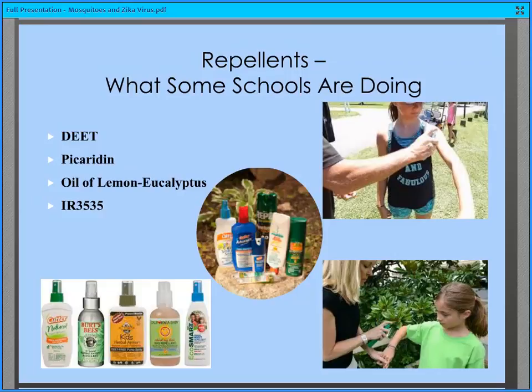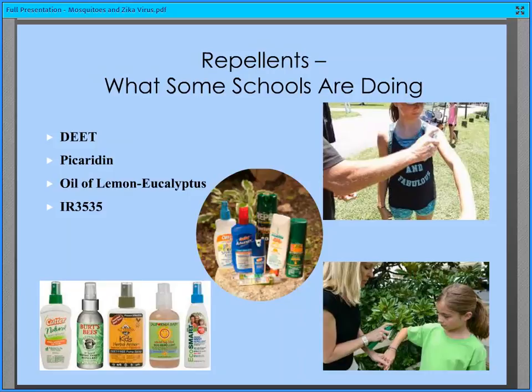We're looking at trying to get some kind of a brochure out for the parents to give them an option of different repellents, and so the kids will use them. I do know I believe it's down in Broward or Dade, they are actually giving out repellents, or they're spraying the kids out before they even go outside to play for their recess times and stuff like this.